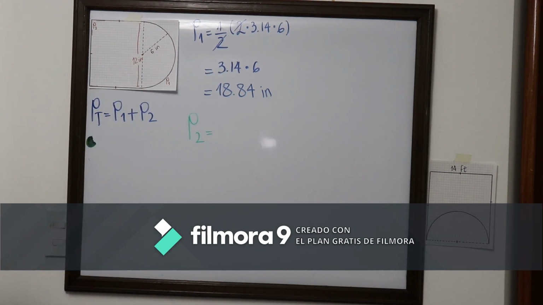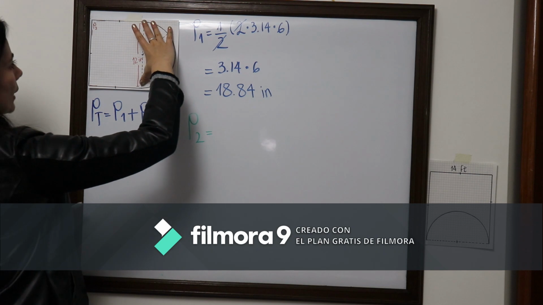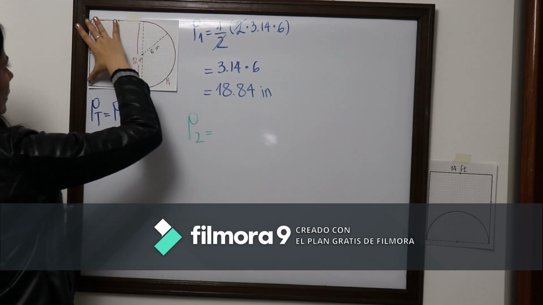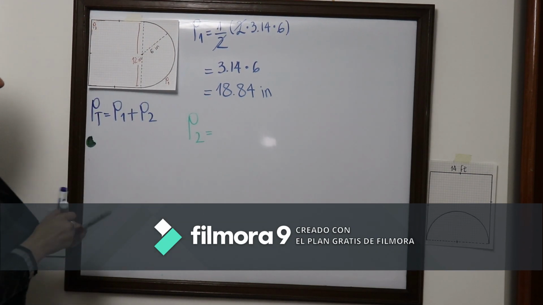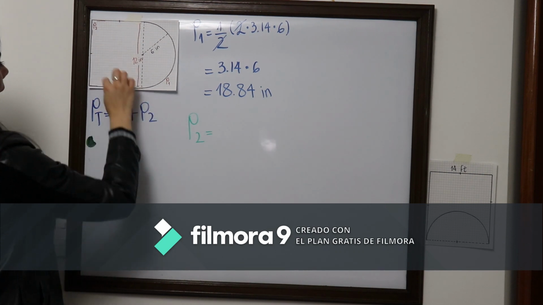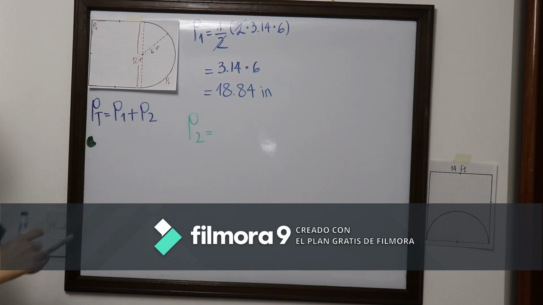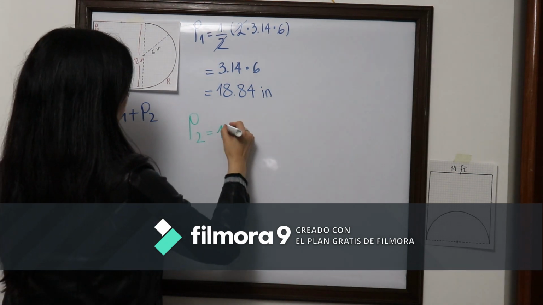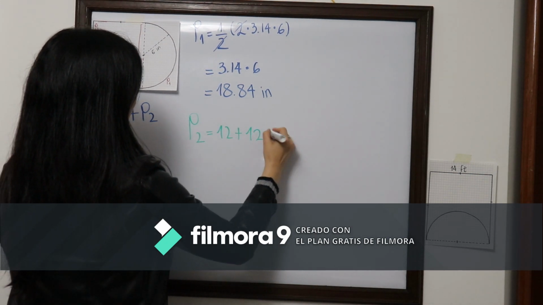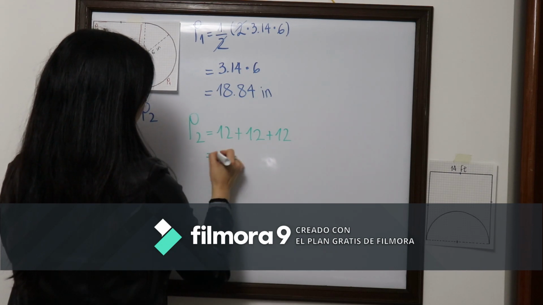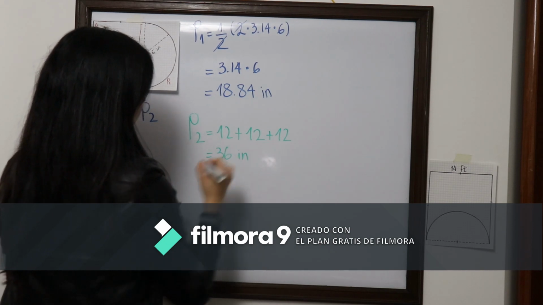All right? And then, of course, if this side over here is 12 inches, this side has got to be 12 inches. And since we have the sides to be the same length, then we know it's going to be 12 plus 12 plus 12, which is 36 inches.